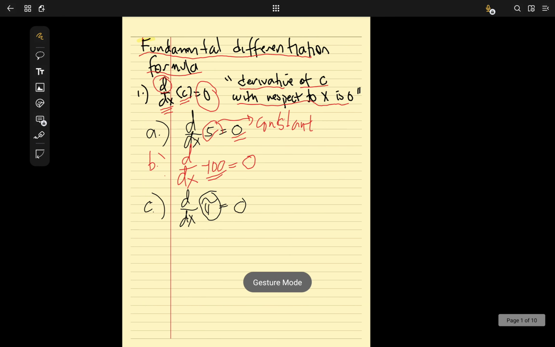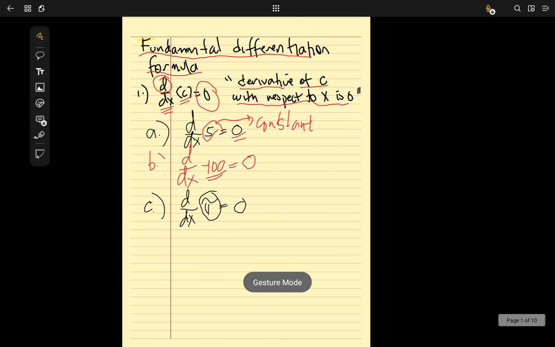For example, the derivative of 2x times (x plus 8). We have two functions multiplying here: 2x and x plus 8. Let's consider u to be 2x, and let v be x plus 8.